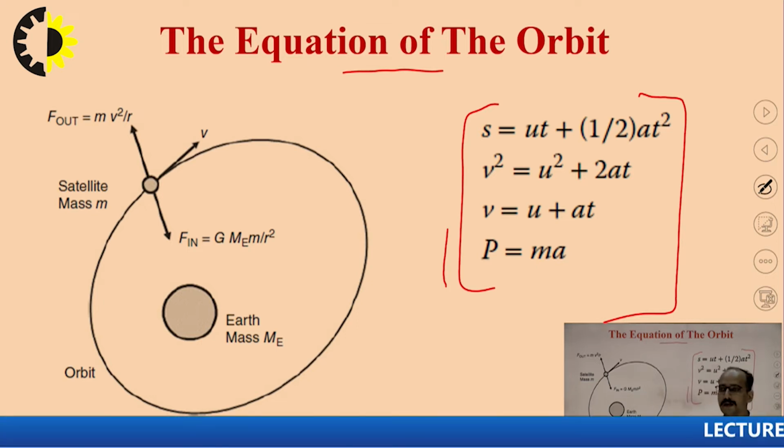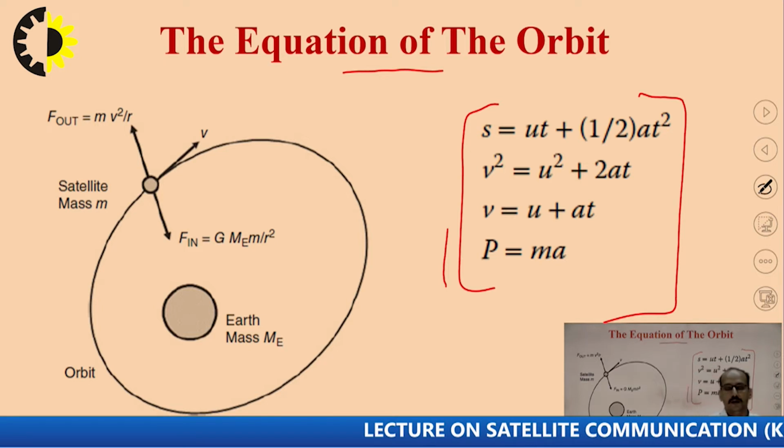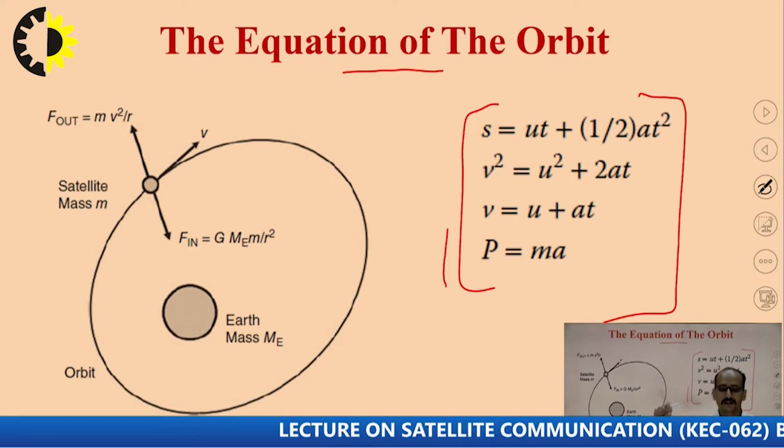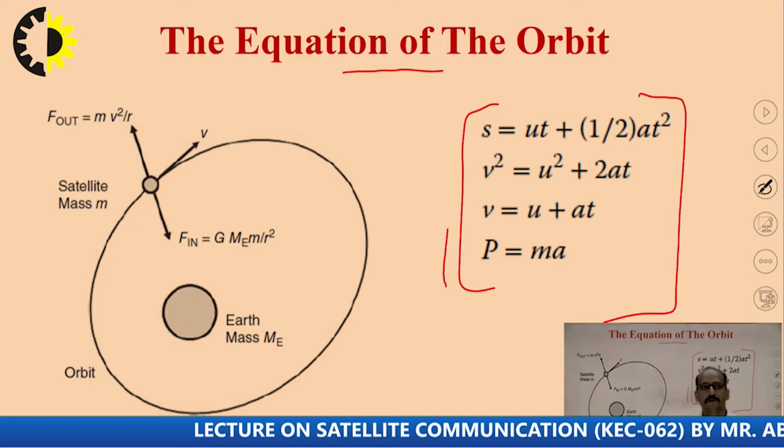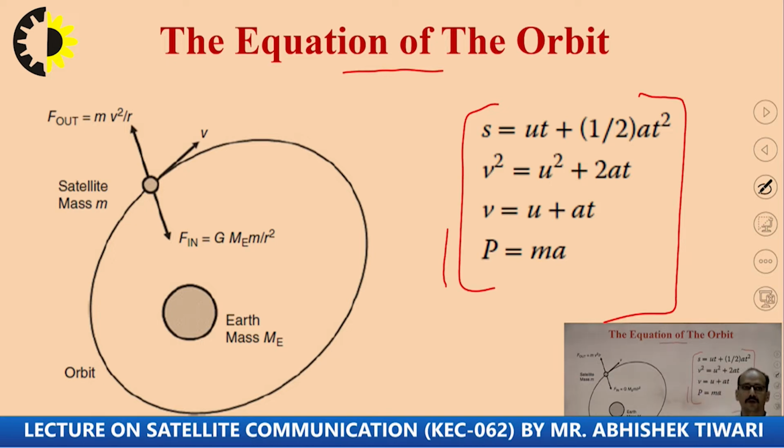So at the time when you are rotating that stone, you note one point: the stone is stable in its orbit when both forces acting on it are equal.